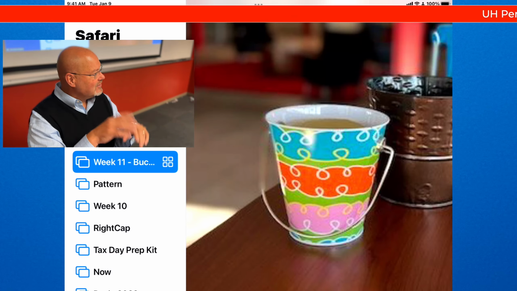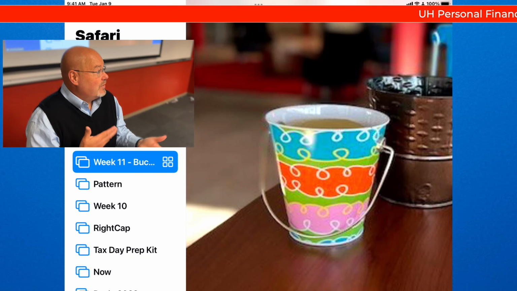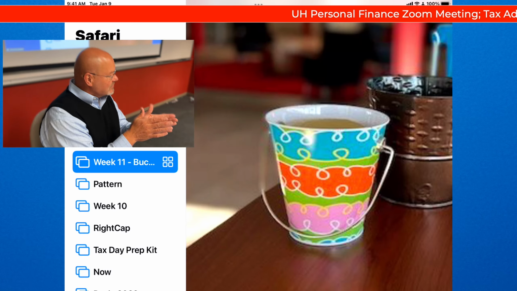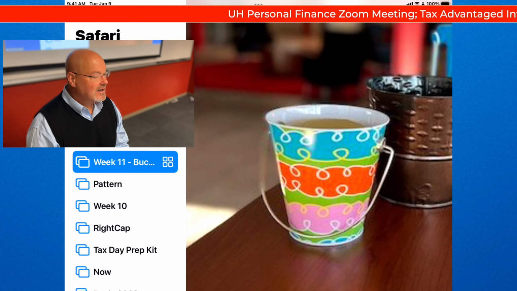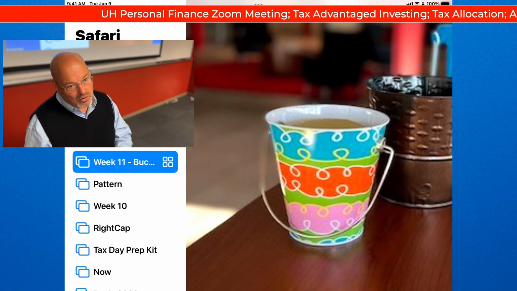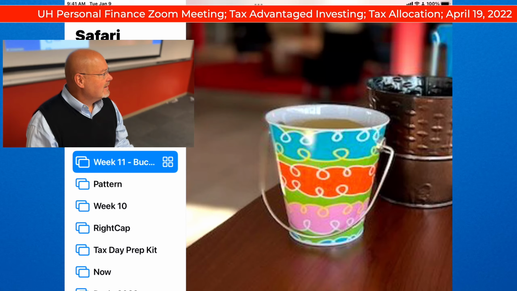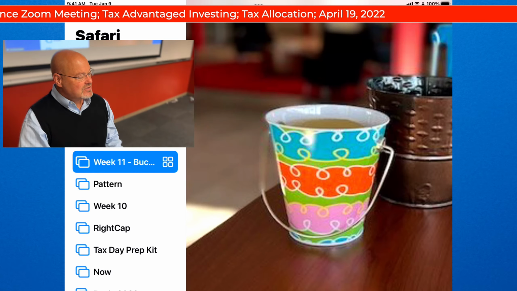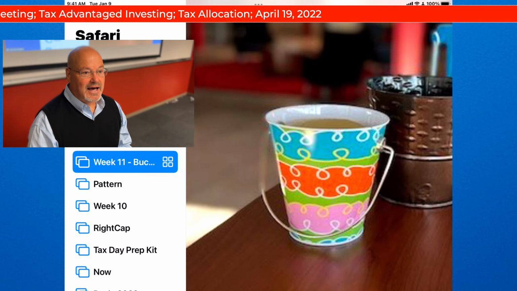You'll go online and set up an account, or you'll work with an advisor. Either way, you have a new account now. The type of account is a traditional IRA. They call it a rollover, but it's basically a traditional IRA. And that's what this bucket stands for, the IRA.